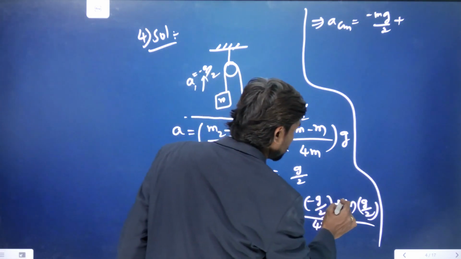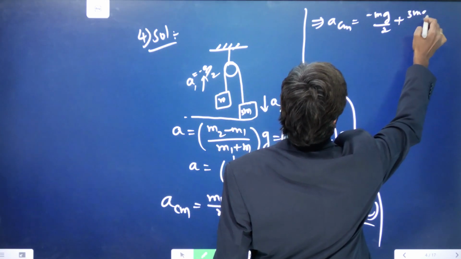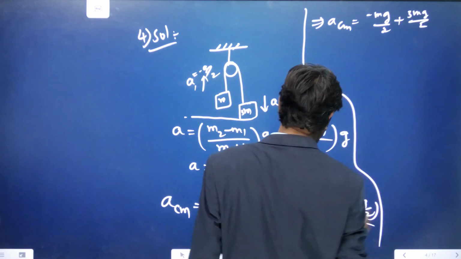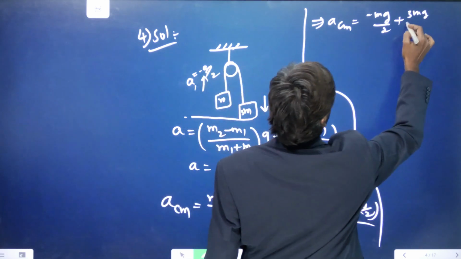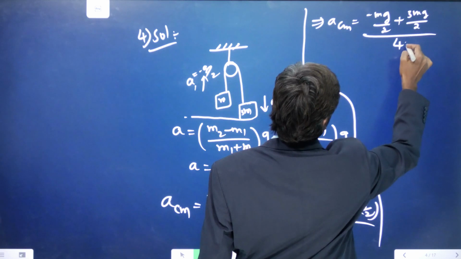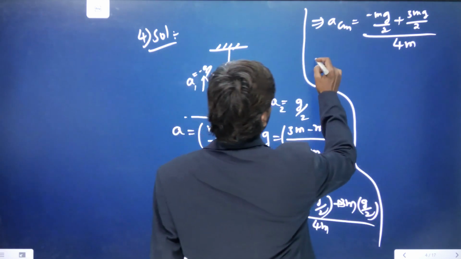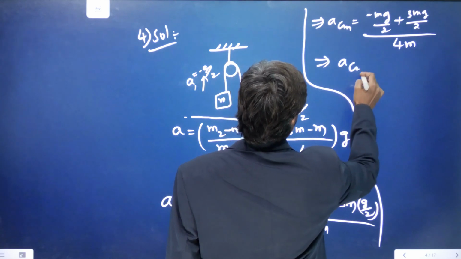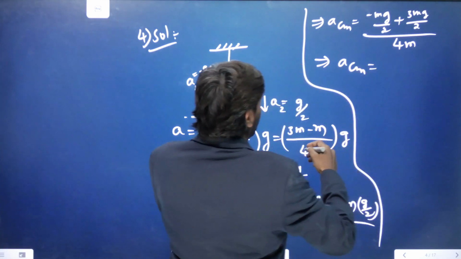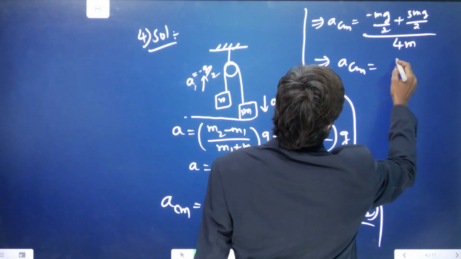m2 is 3m, no? This will be the 3m mass. So it is 3mg by 2, whole divided by 4m. So how much will we get here? Now the center of mass is equal to, so 2mg by 2 will we get there.